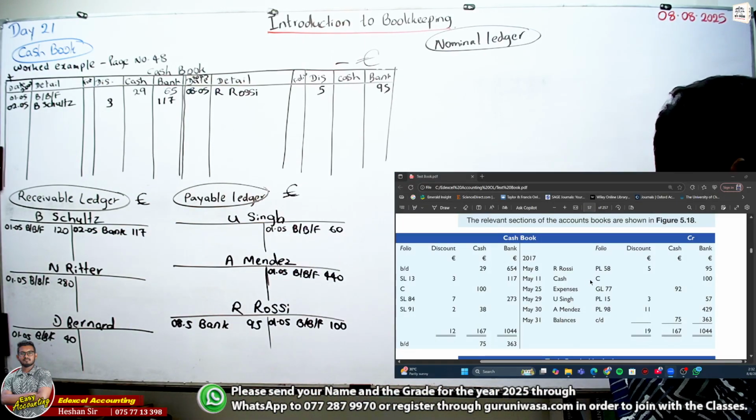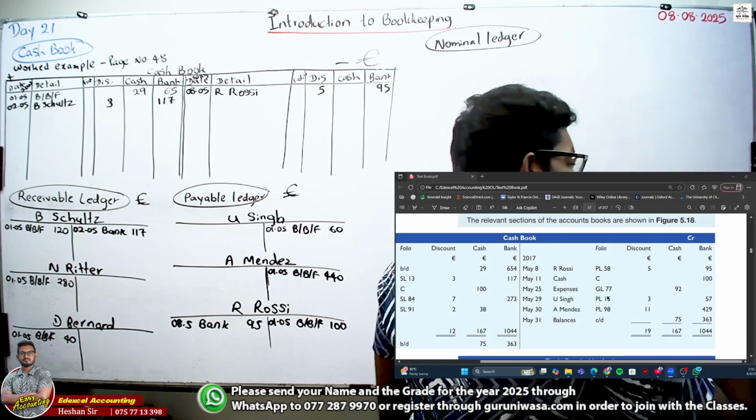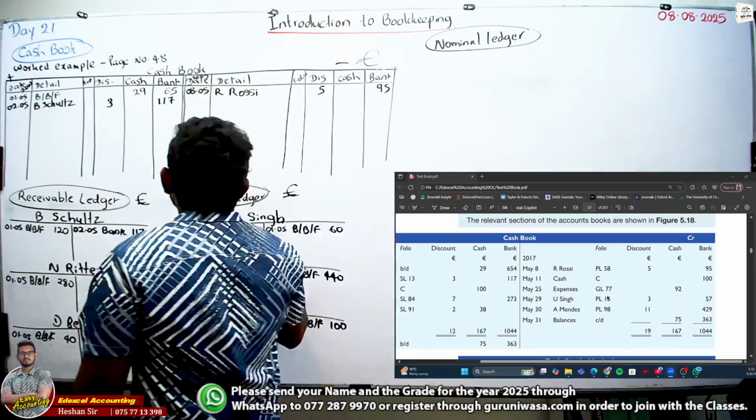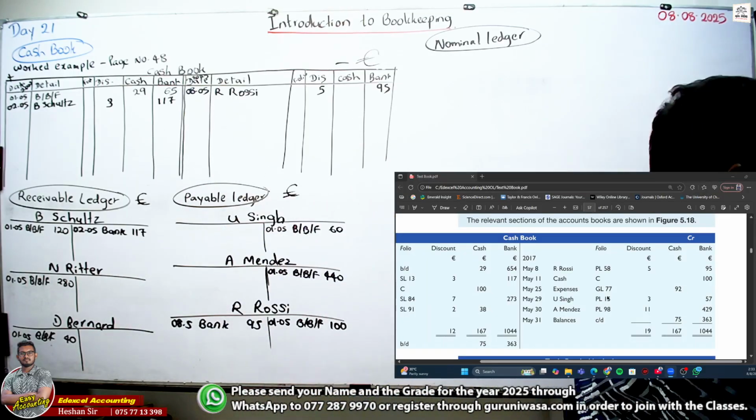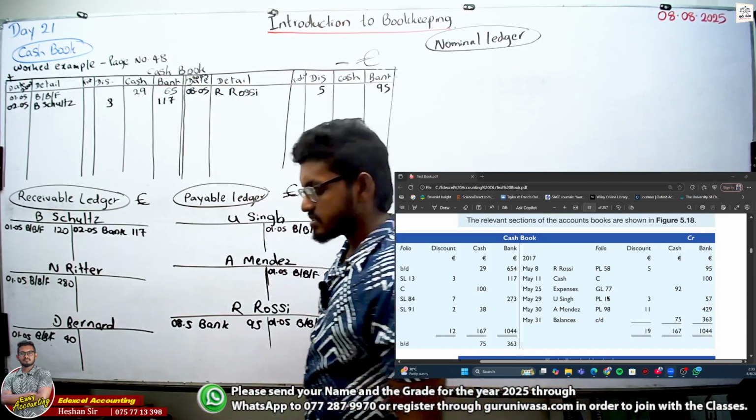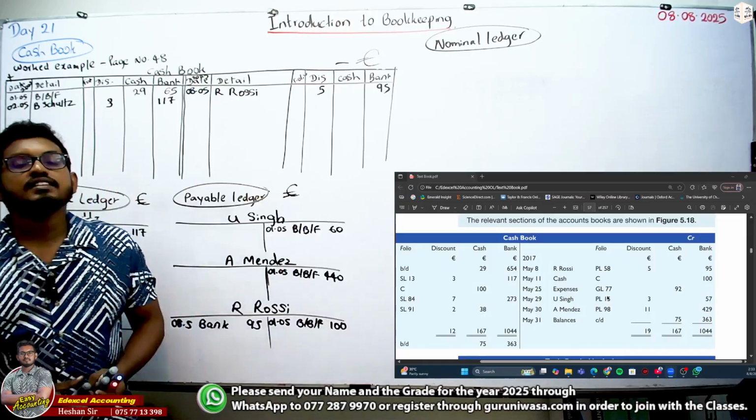So that is how it goes, right? When we see the counterfoil PL15, it means this is the credit entry, and the debit entry is in the payable ledger, page number 50. Now we can easily find the other entry from this.